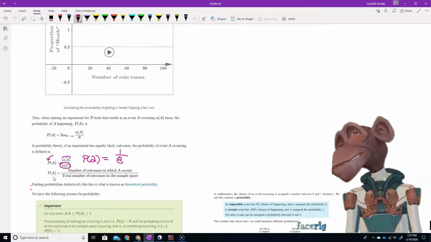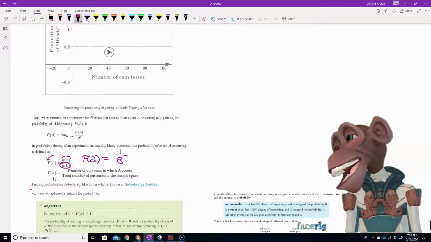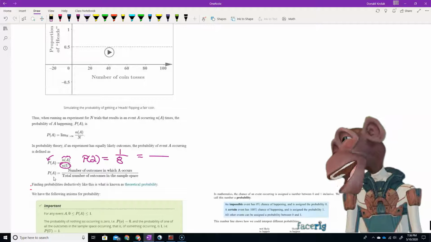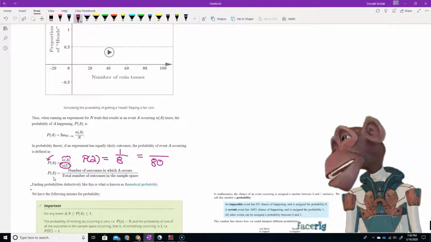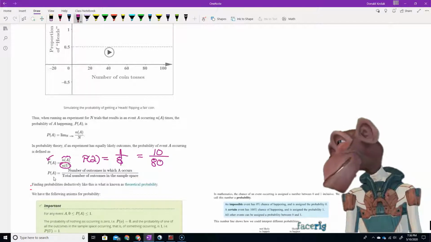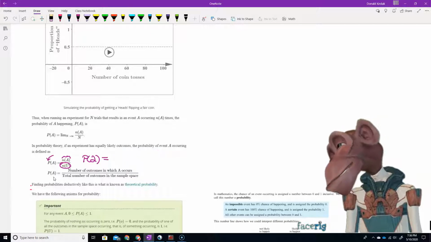If I actually did an experiment, so if I did this 100 times, I would expect, let's make it easy, let's make it 80 times, that if 1 out of 8 is a 2, then I should end up with 10 out of 80 being 2s, if I did that experiment.